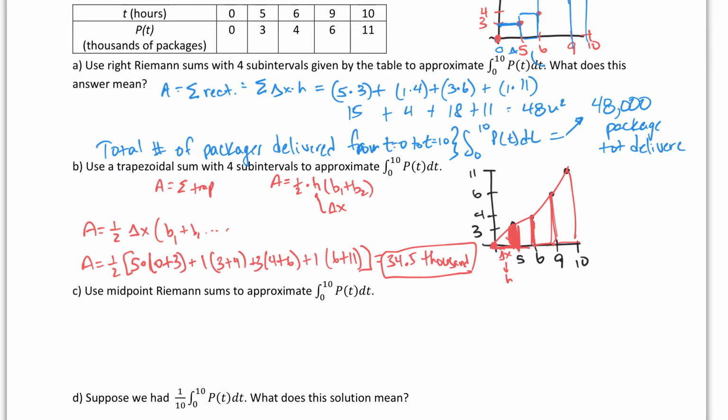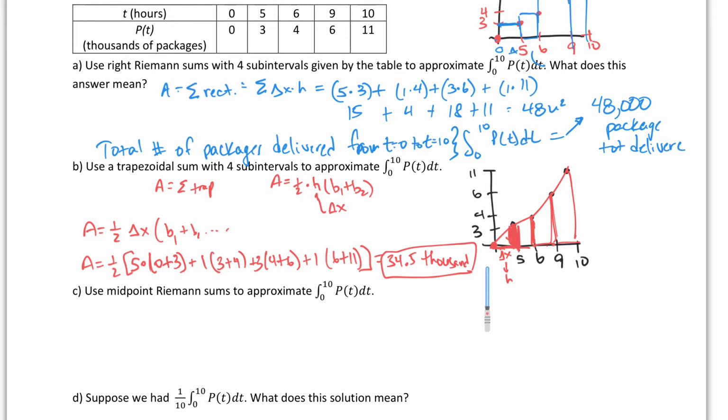So you need to be careful. When they give you table ones like this, just always graph them out. Find each trapezoid on its own. Don't try to do shortcuts because it'll kind of mess you up. You could get around it, but this is my recommendation. Just do it this way, and it'll keep you from making big mistakes. So again, in my method here, I found the area of each one of these trapezoids separately.